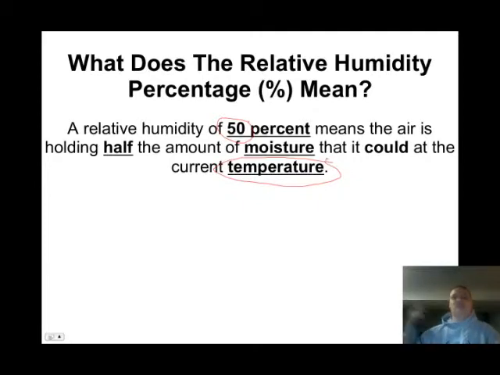So if it's 70 degrees outside and you have 50% relative humidity, the air surrounding you is filled up with 50% moisture, and that's at 70 degrees Fahrenheit. And as the temperature increases, that percentage is going to decrease because the air can hold more. It changes the ratio, it changes the math formula, so it causes the relative humidity to drop.